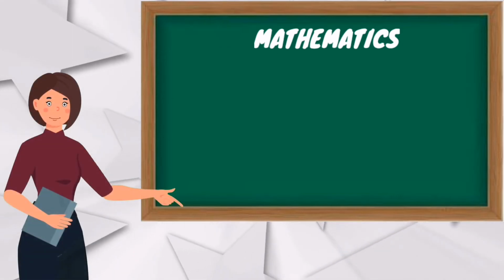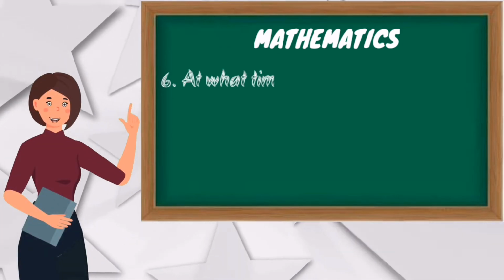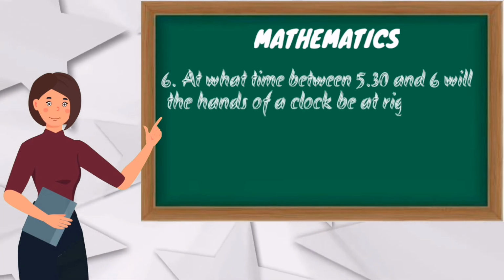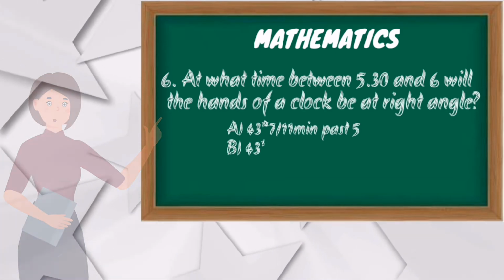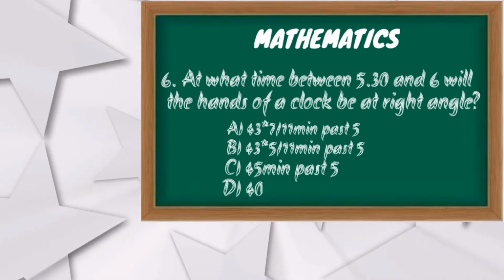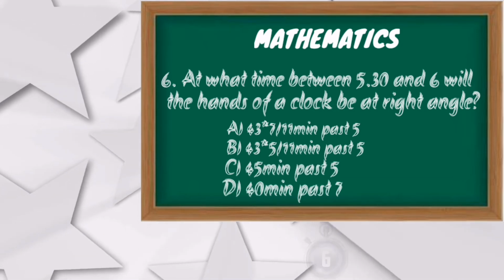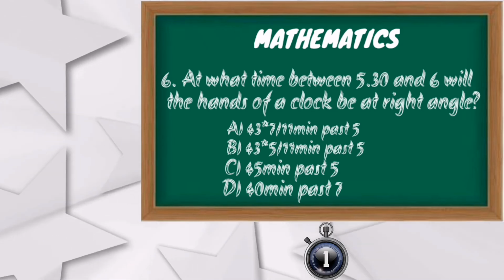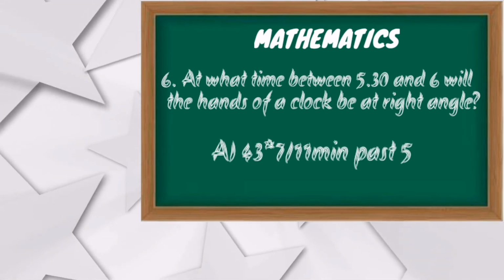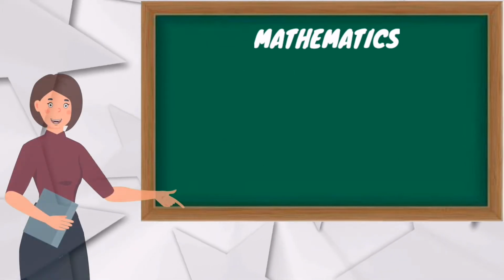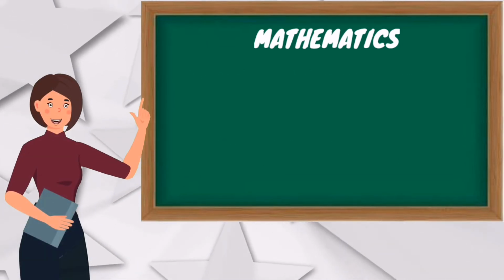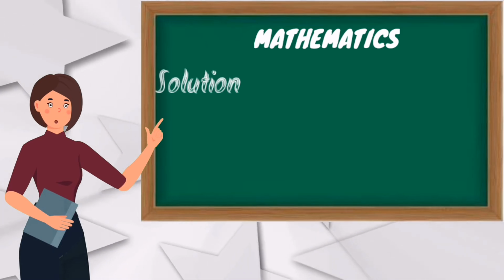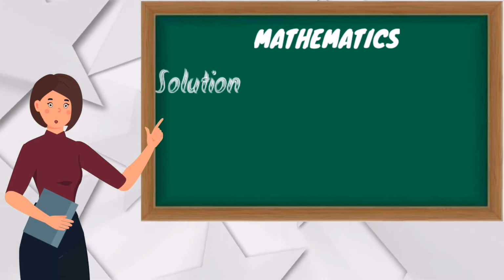Let's see our question. At what time between 5:30 and 6 will the hands of a clock be at right angle? First of all, the point to be noted is that to be at right angle, the needles should be at a distance of 15 minute spaces.